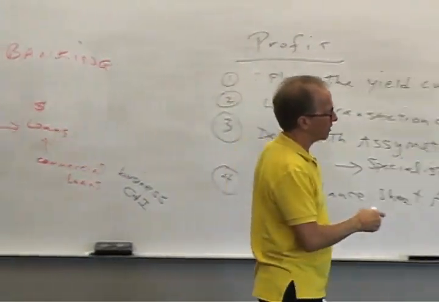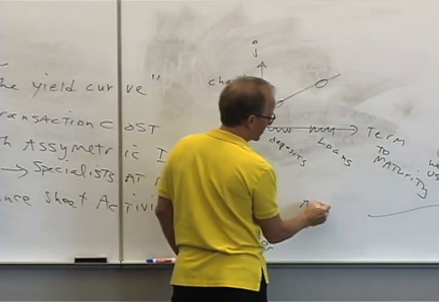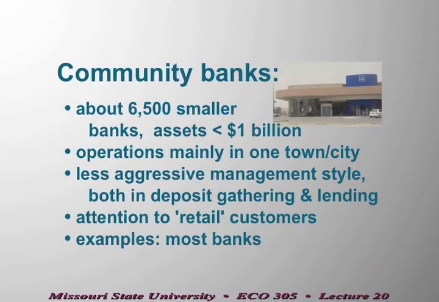So I've kind of run out of places to write here. Let's talk about the community banks for a minute. Assets less than $1 billion, and the focus is local, not necessarily just one town, but that town and maybe the surrounding county or metropolitan area, but they don't get very far away.